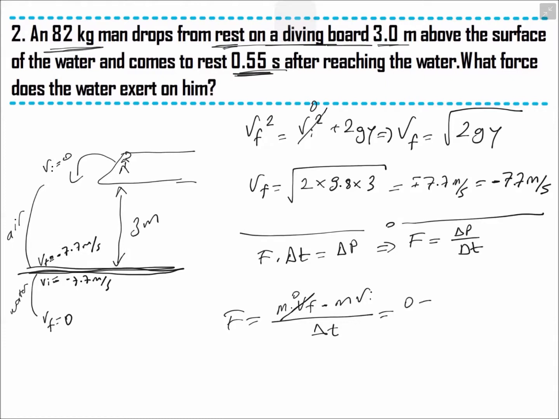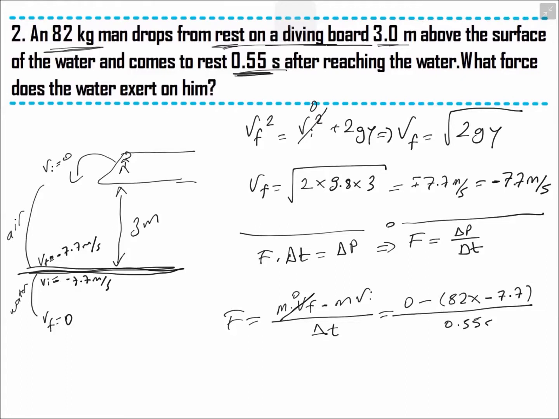So 0 minus the mass of the guy, 82, times the initial velocity, negative 7.7, over the given time of 0.55 seconds.